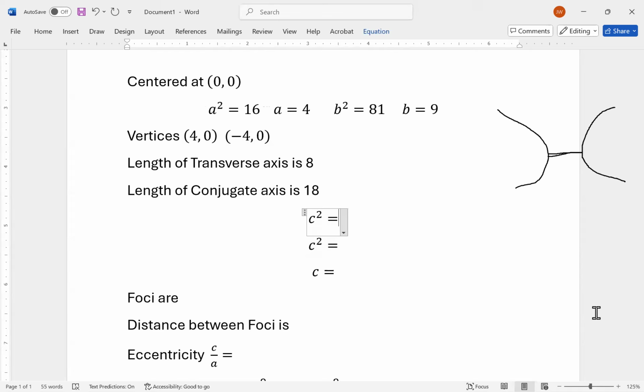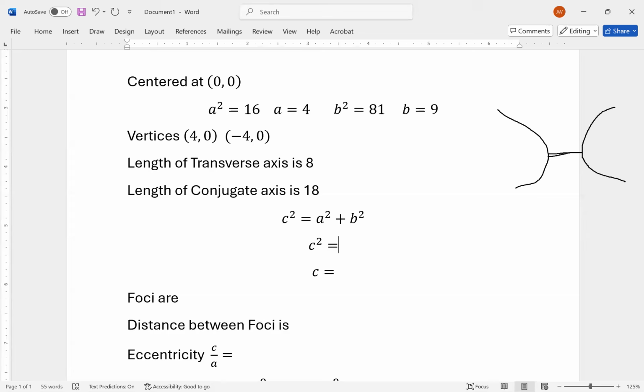Now let's find the foci. C squared is A squared plus B squared for hyperbolas. Be very careful that you don't mix up the hyperbola C with the ellipse C. For hyperbolas, C squared is A squared plus B squared. For ellipses, it's A squared minus B squared.